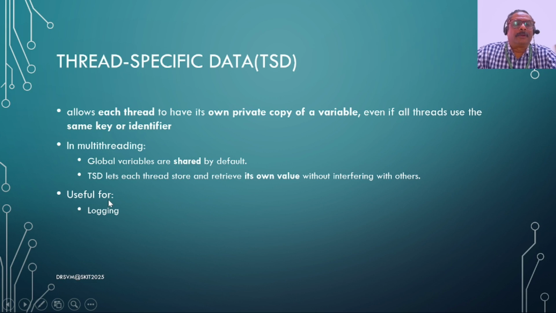This is useful for logging, for error handling, and is used as thread local buffers and for re-entrancy. Whenever we want to repeat anything, we would like to know where we had stopped and where to start.